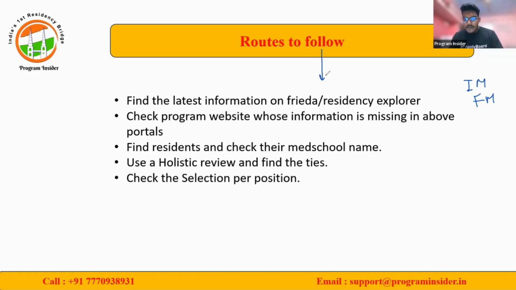Initially, whenever you start your research, your first step goes to FREIDA and Residency Explorer, because these are the two vital, free resources that offer the latest information about programs, right? They give you some insider information about the US IMG ratio, the USMD ratio and IMG ratio, the status, the type of program, and what kind of residents they have.